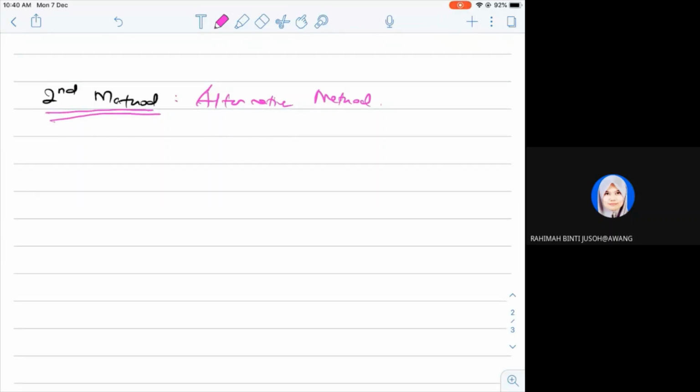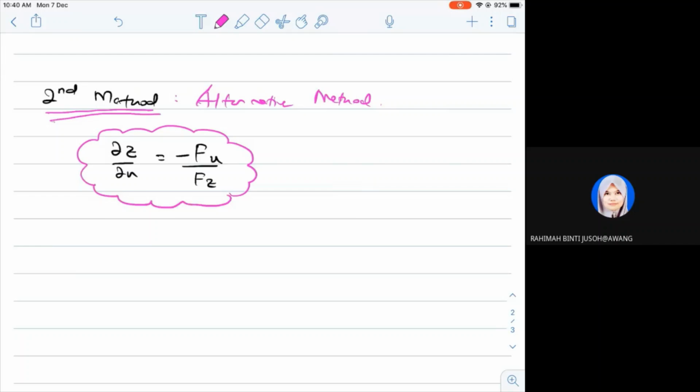Okay, so second method ni guys, we will have let's say soalan tu suruh cari del z over del x. The formula is negative f subscript x divides by f subscript z. Dia terbalik. Okay, kalau x duduk bawah, dia jadi x duduk atas. Okay, this is the first formula for del z over del x, ataupun if the question asks you to find del z over del y, then the formula becomes negative, differentiate f partially with respect to y divides by fz.